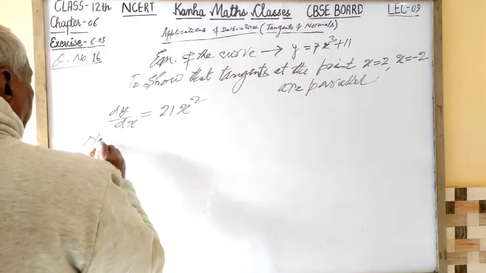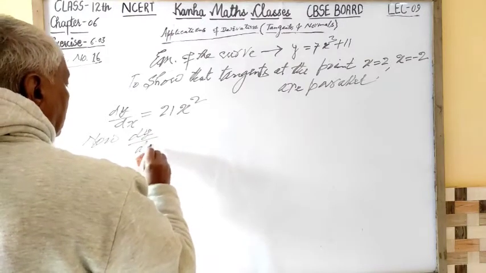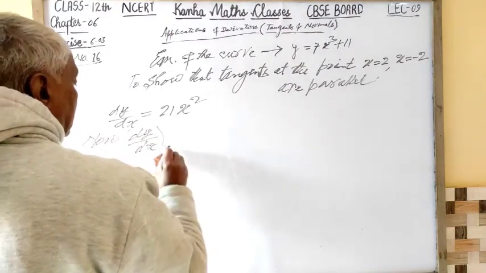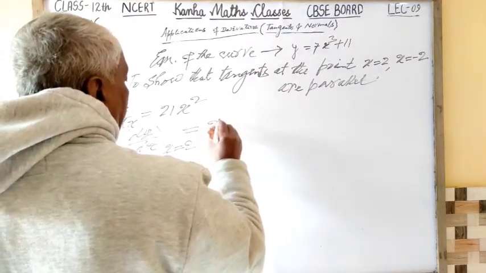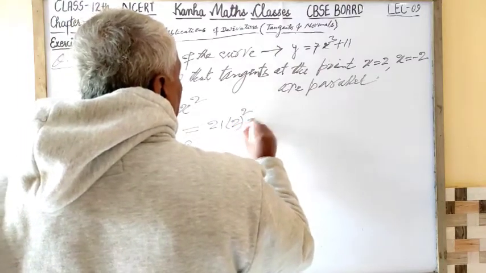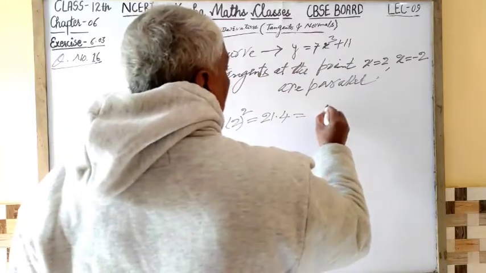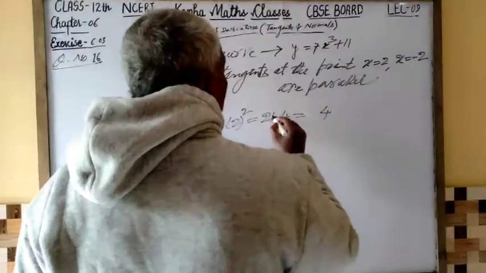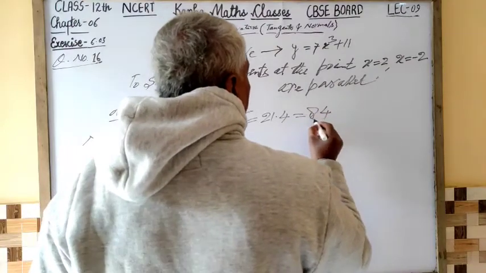Now dy by dx at the point x is equal to 2 is 21 into 4, that is 84.